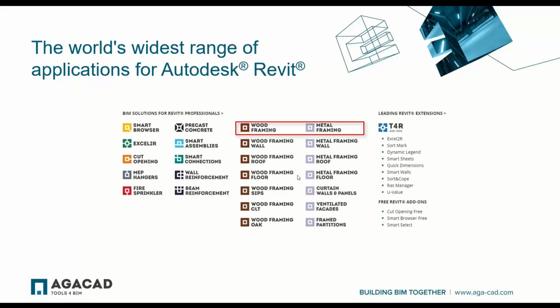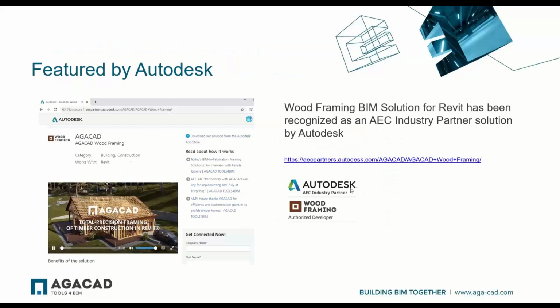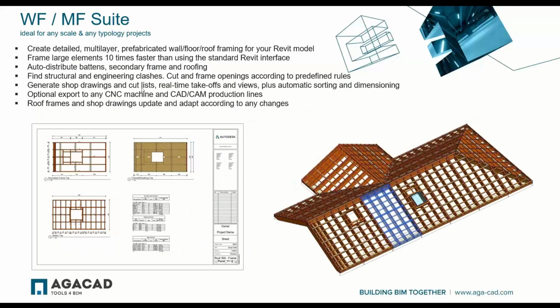We have wood and metal framing suites, but we also differentiate those into walls, roofs, floors. All three of those would be part of the suite, so that's something you could have a look at if you find it useful. We've been recognized by Autodesk as an AEC industry partner. That also speaks for itself.